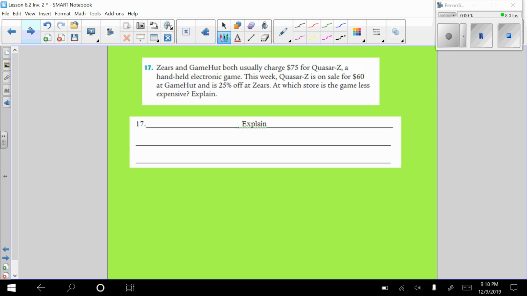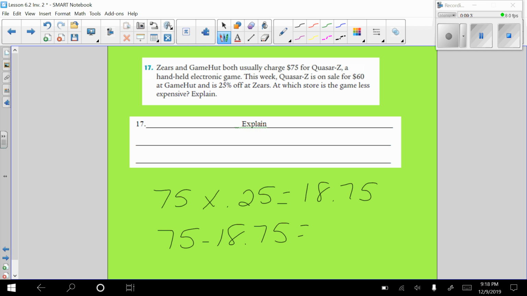I don't really have to do anything for that because it already told me what the sale price was. But the other one, it was $75, but 25% off. That one I have to actually do the math for to figure out that I'm going to save $18.75. If I take $75 and subtract $18.75, I'm going to find out that it's $56.25 at Zehrs. So I would want to buy it at Zehrs. They're going to have the better buy.